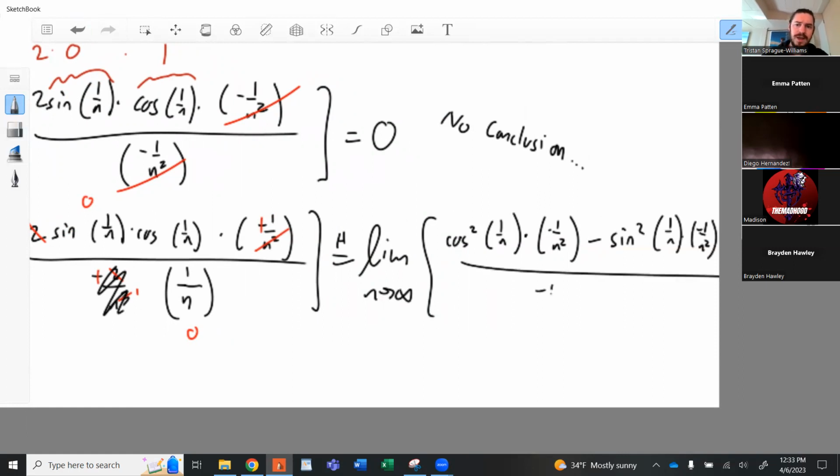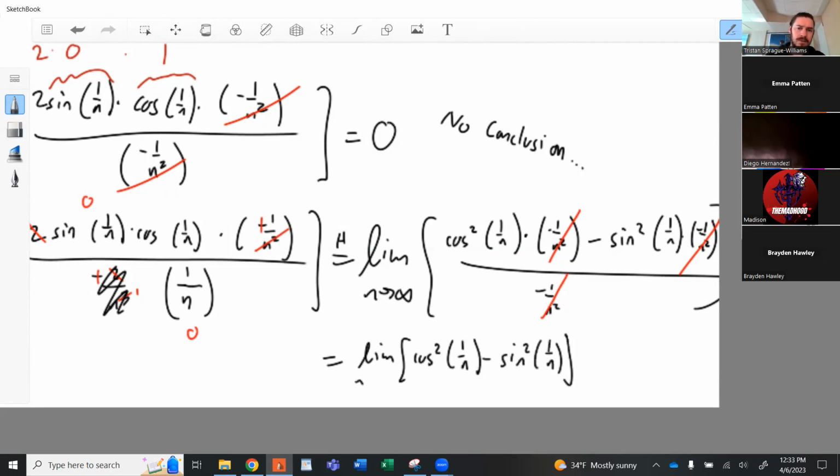And then all over negative 1 over n squared, the derivative of 1 over n. So like before, that cancels out from all 3 of those locations. You can factor it out of the numerator and cancel it with the denominator. We end up with cosine squared of 1 over n minus sine squared of 1 over n. And that, as n goes to infinity, is 1 minus 0, which is 1.